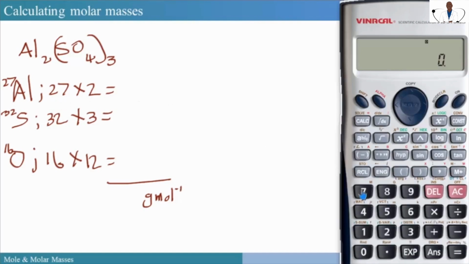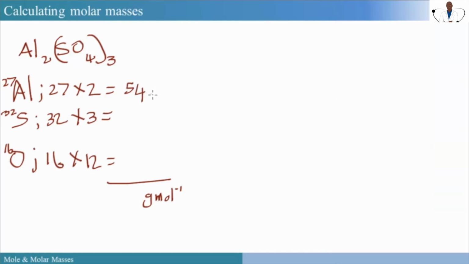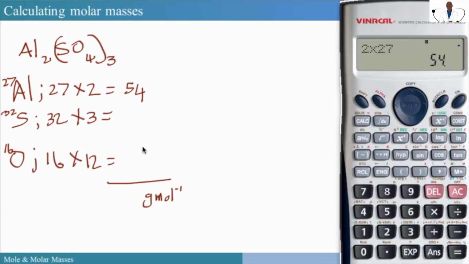2 times 27 is equal to 54. So we'd have 54 for the mass of aluminum. For sulfur, we would have 3 times 32.